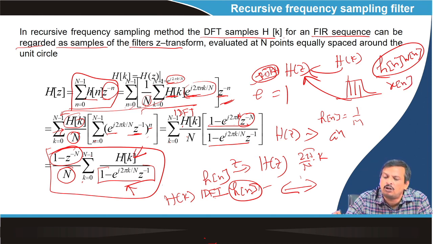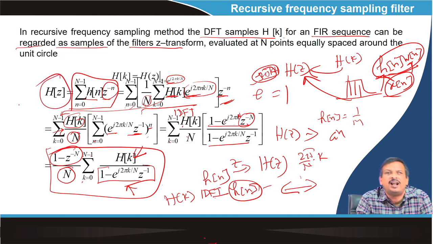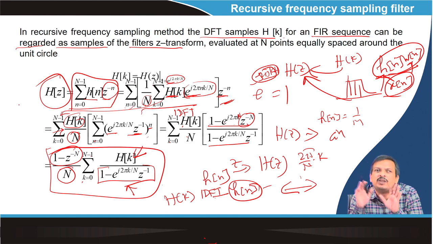So I can write a program for h of n, multiply w(n) with h(n), and then convolve with x(n) to get y(n). Similarly, in frequency sampling methods, whether non-recursive or recursive, if recursive I have to find H of z and realize H of z using discrete structure 1 or discrete structure 2.